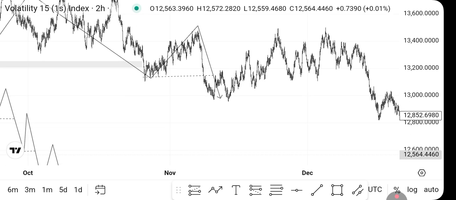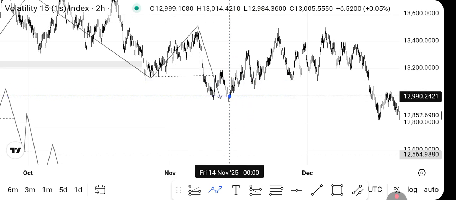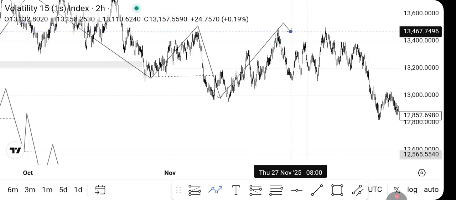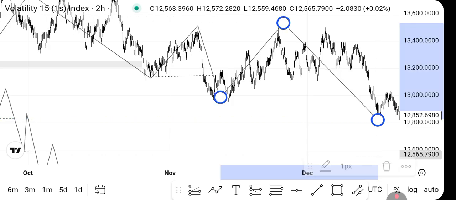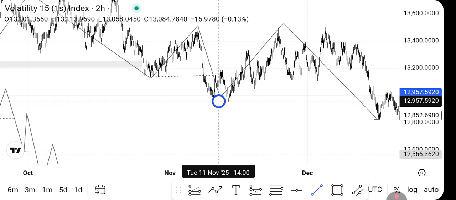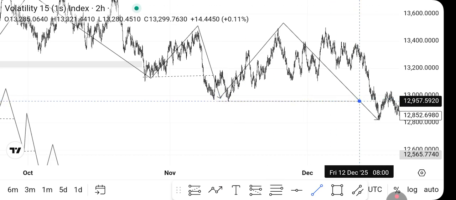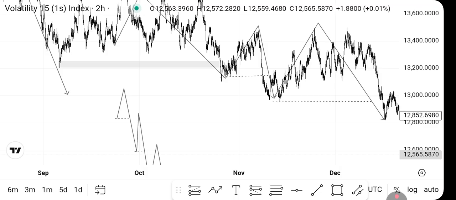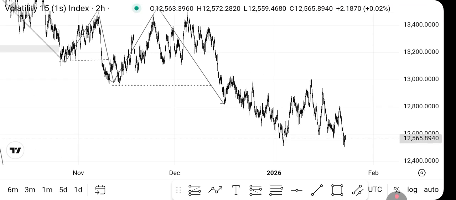You see that? Okay. So you have here again a retracement, right? And then a break again to the downside. Another break of structure. So you can see how the market keeps trending down that way.